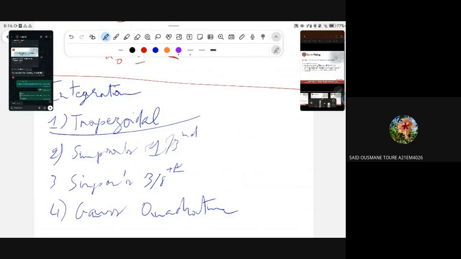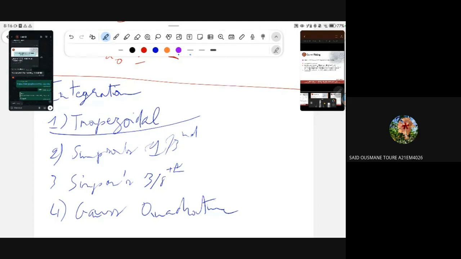I think yes, we have something better than trapezoidal, which is the composite Simpson.